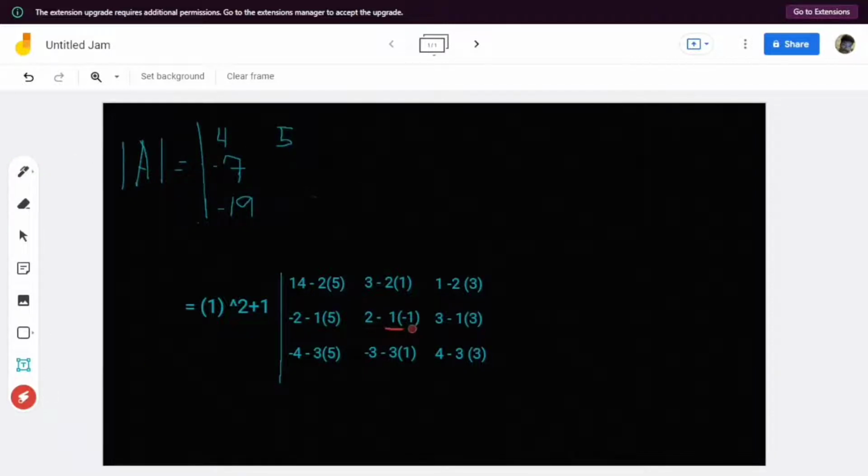And 2 plus 1 is equal to 3. Negative 3 plus 3, and we'll have 0. And 1 minus 6 is negative 5. Negative 3 minus 3 will be negative 6. Last, negative 4 minus 9, and we'll have negative 13.